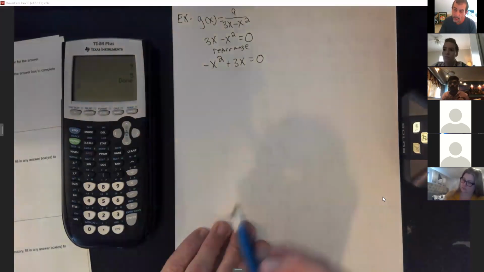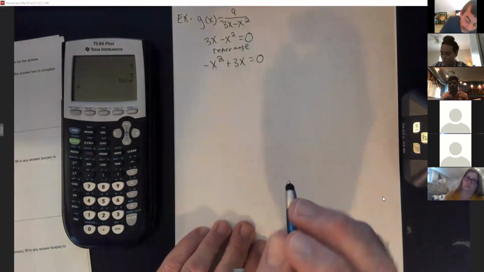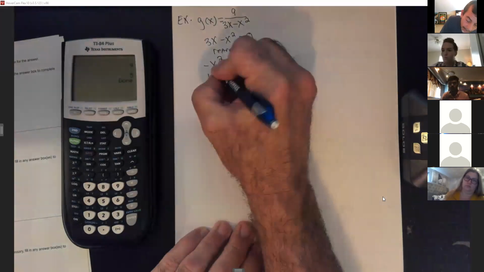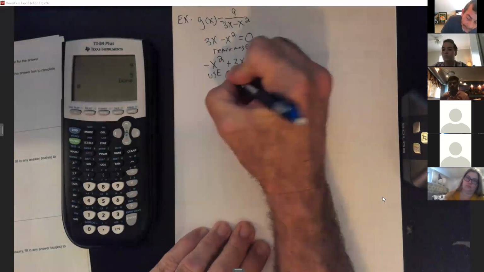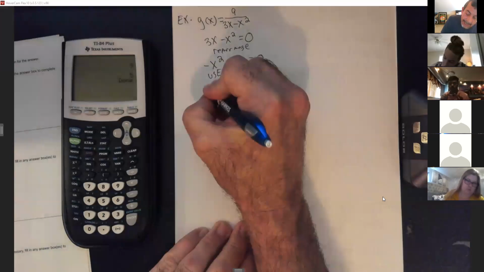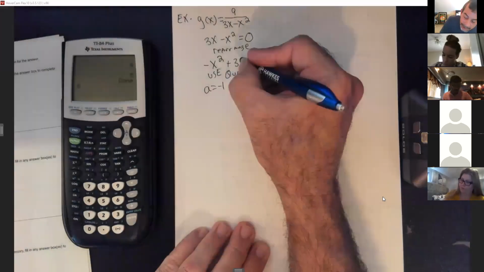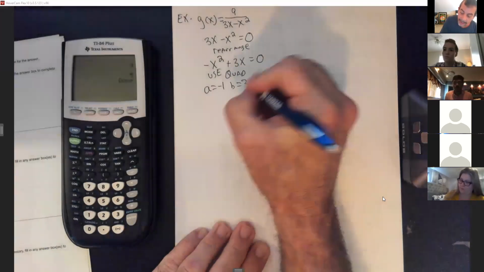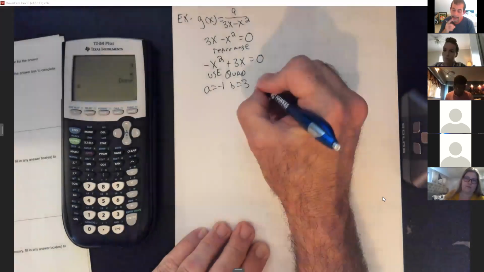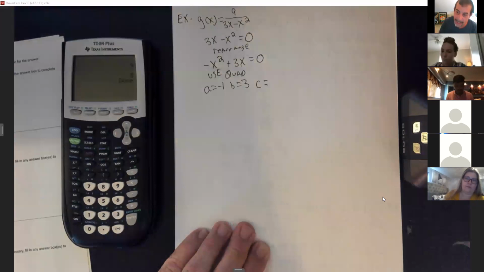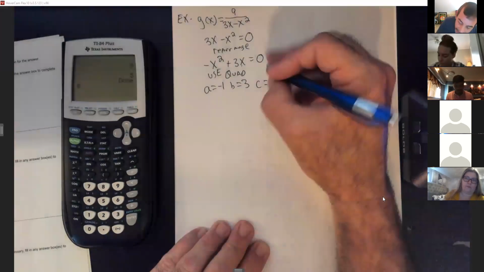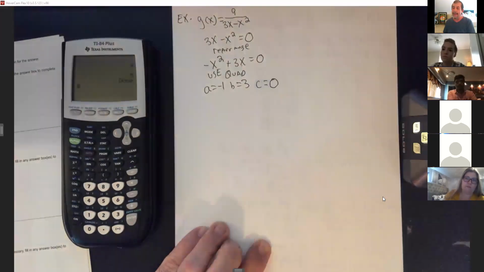Because now that I'm in order, I'm going to use the quad. A on this one will be a -1 since that's a negative x squared. B will be a 3 because that's my x term. Oh, I don't have a number, so it has to be 0 at the end, okay?